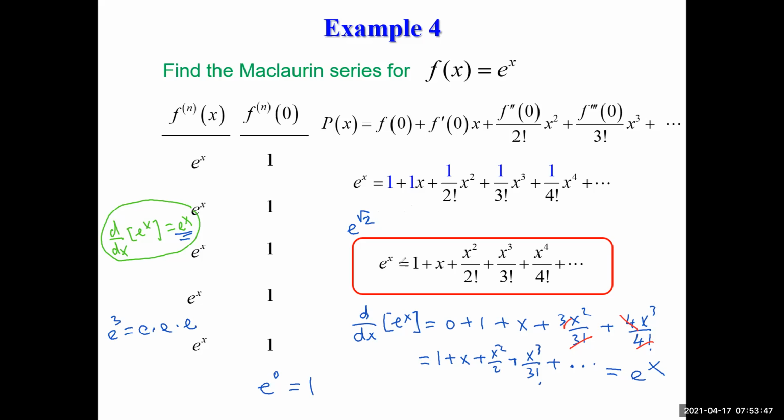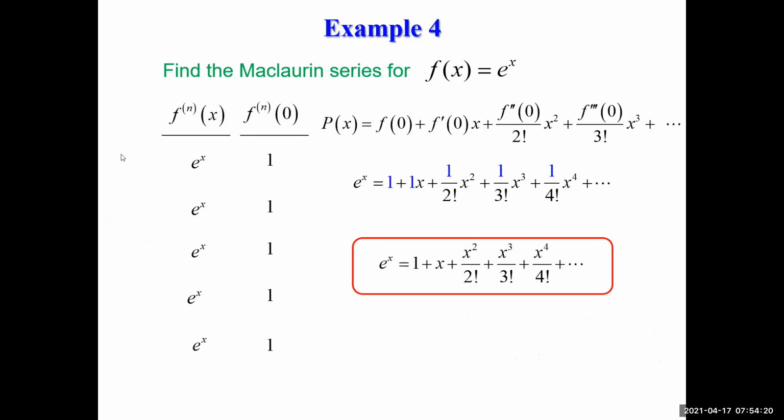So now when you have this equivalent series, I can say, well, if you want e to the root 2, you just take 1 plus root 2 plus root 2 squared over 2 factorial, etc. So the right hand side is much easier to explain and implement than the exponential function itself.